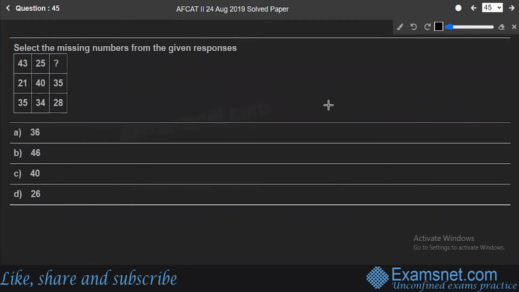You have to select the missing numbers from the given responses. This is a magic square. In a magic square, the numbers in the diagonals, in the verticals and in the horizontals all add up to the same number.